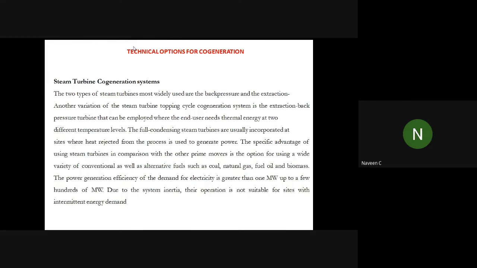Suppose you need thermal energy at a higher temperature or higher pressure, or two different pressures or temperatures, you can tap the output from two different parts. The tapping will happen generally in the back pressure and extraction turbine.